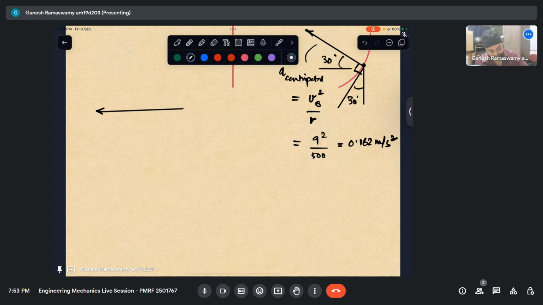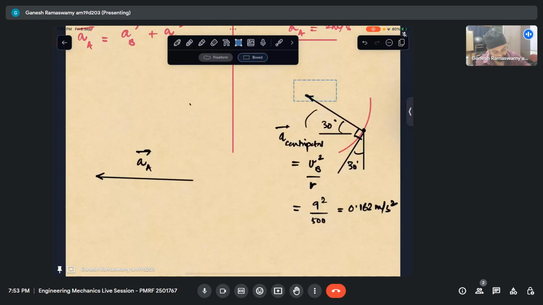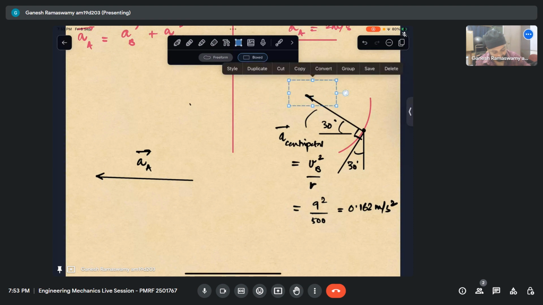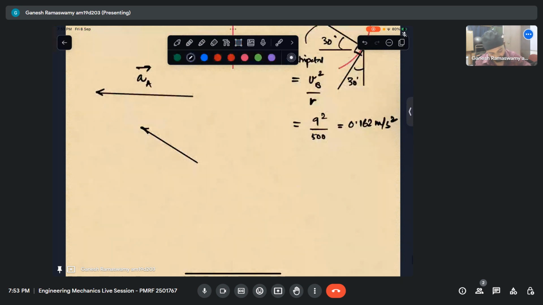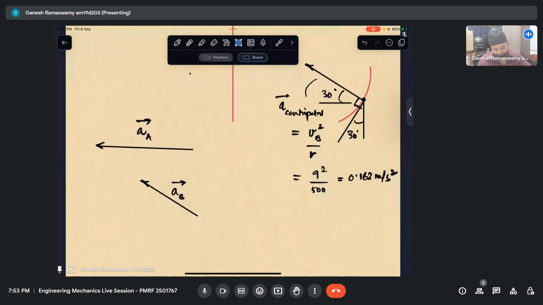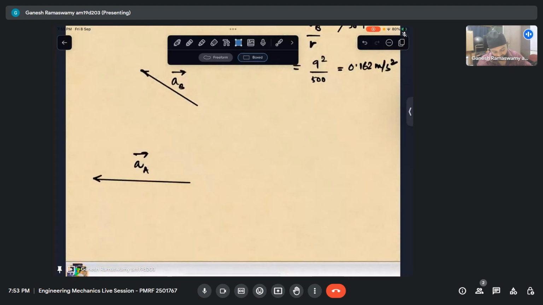This is acceleration of A. And then I have a vector like that, which represents acceleration of B. So this is acceleration of B, which has only a centripetal component. So let me put it like that, and this is perfectly horizontal. Now what I'm saying is, I add something to this vector which takes me there.